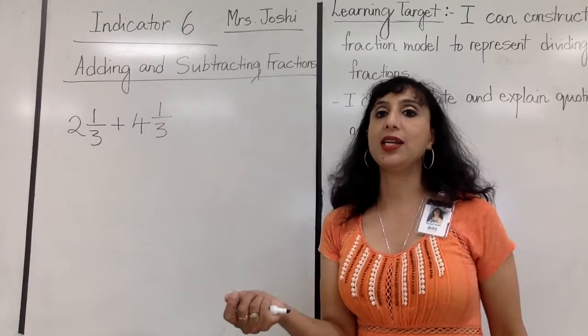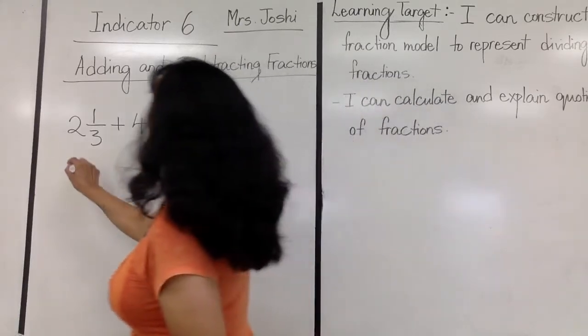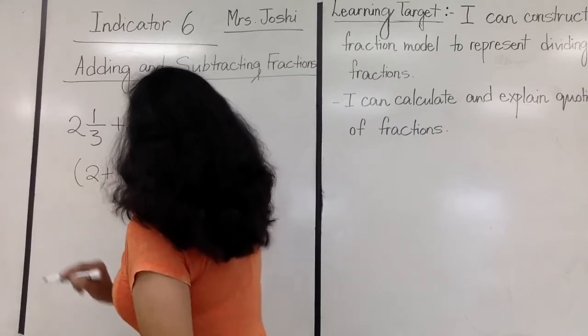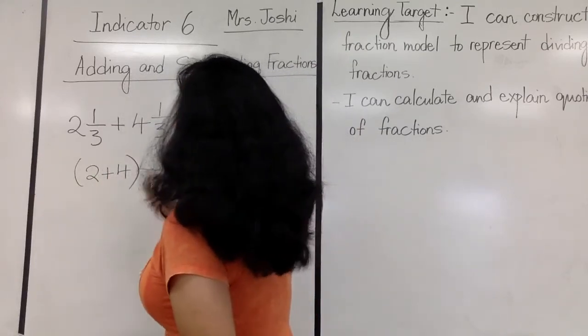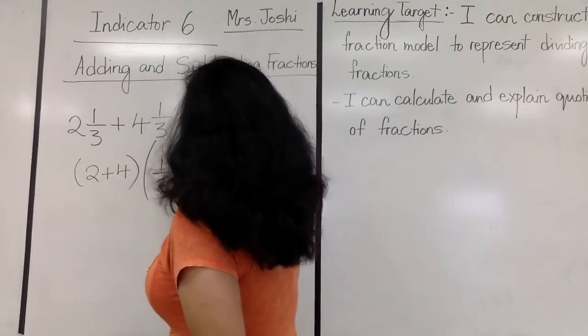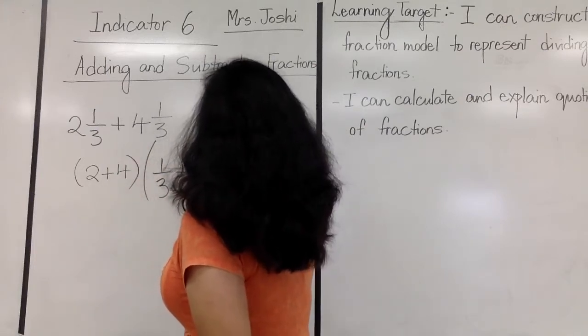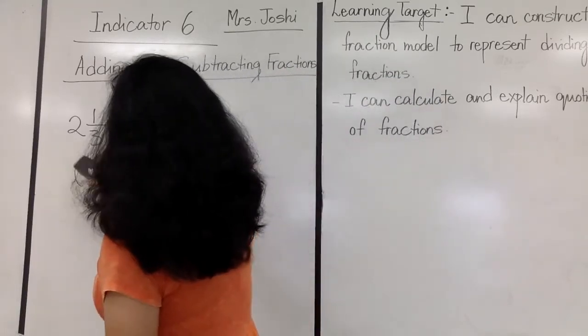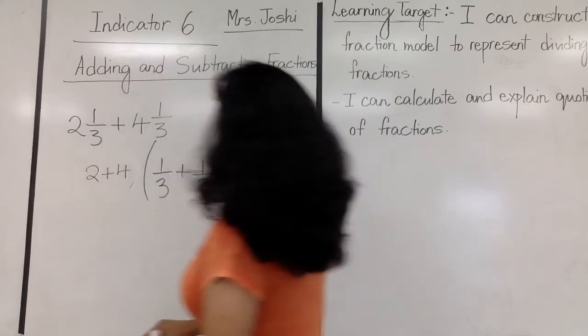One is, since it's addition, I can take the whole number part and add this part, okay? And then I can take the fractional part and add them. Okay, so let me just write it. I can write it like this, doesn't matter either.